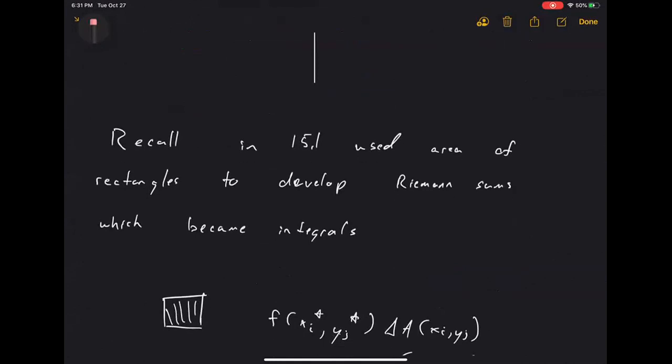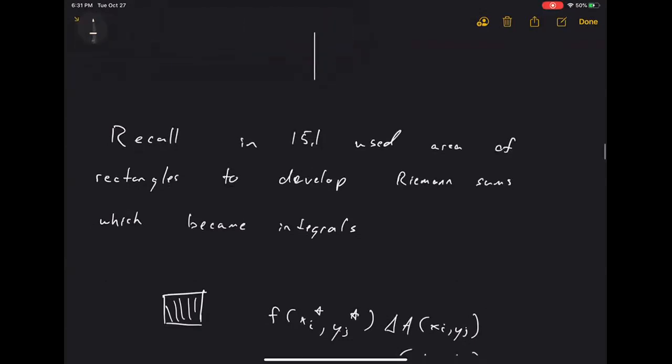Now, remember how we developed the theory of our multivariable integral? We started with rectangles, right?